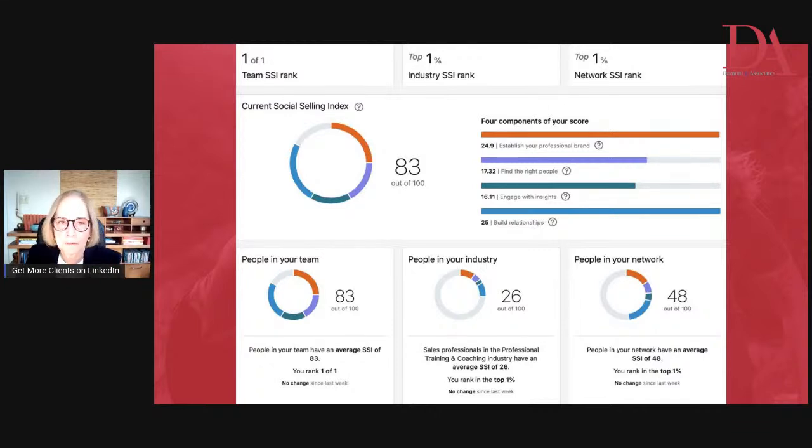I'm sending out enough invitations and targeting those invitations so that my network is a really quality network that works for me. Engaging with insights, well, you can see right here, I wasn't doing as well with that. And that is consistently, I'm sorry to say, my lowest score, because I go on there every day, but I could actually do a better job of this.